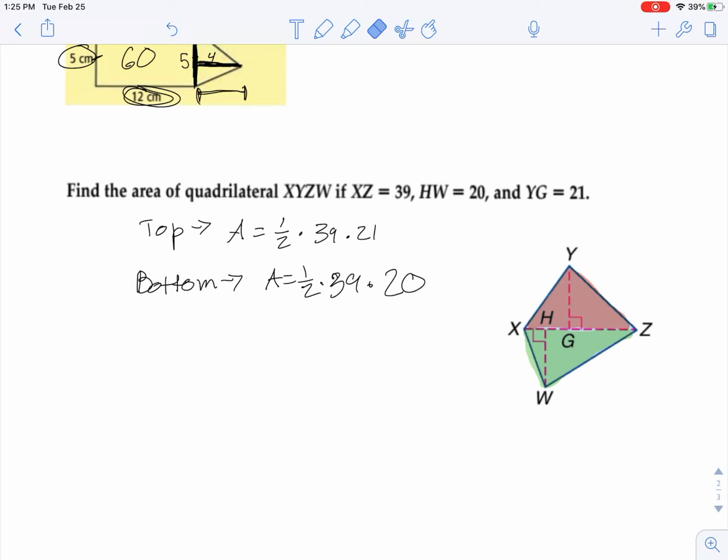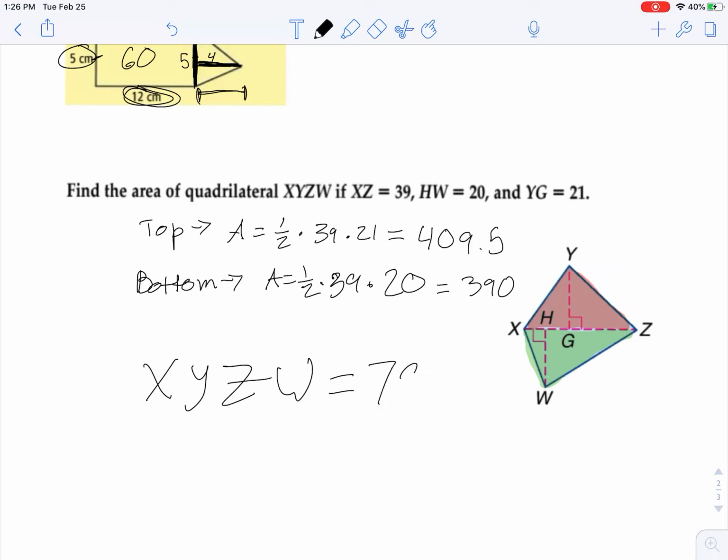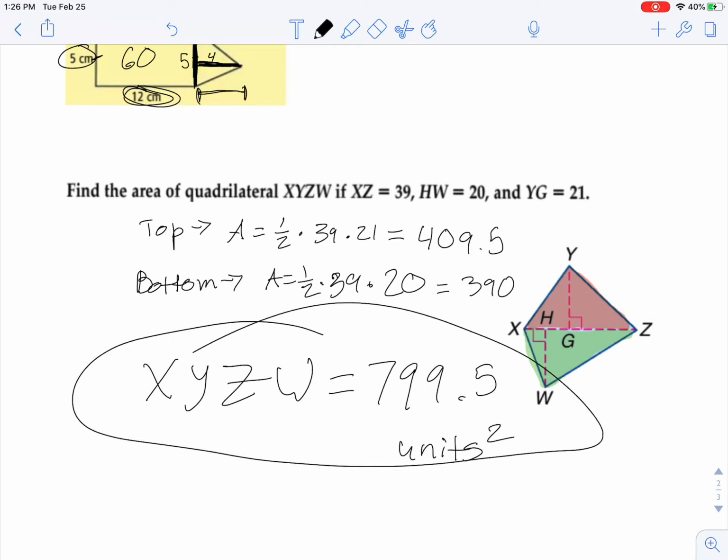The top is 409.5, and the bottom was 390. So if I add those together, XYZW equals 799.5 units squared.